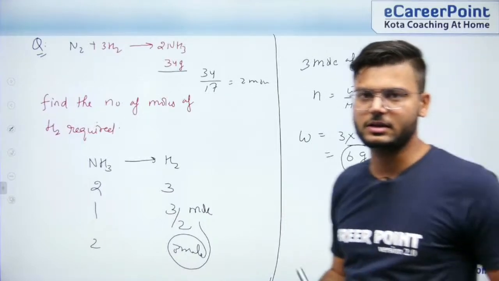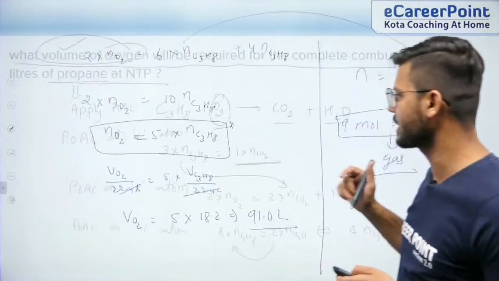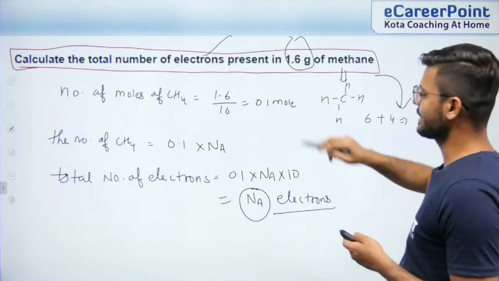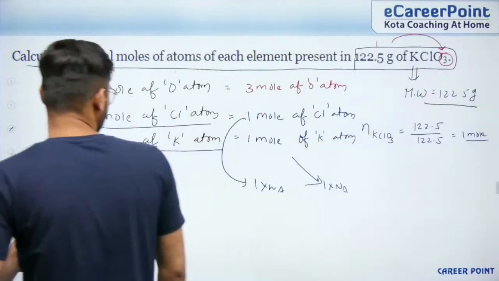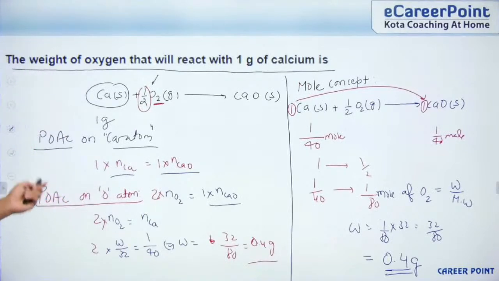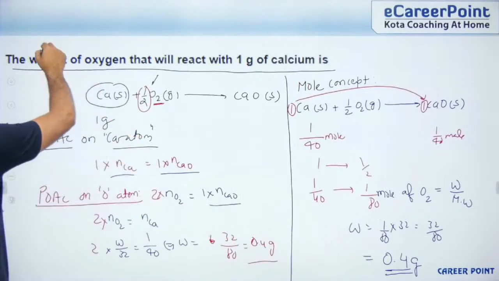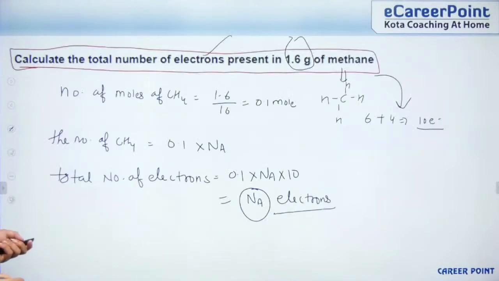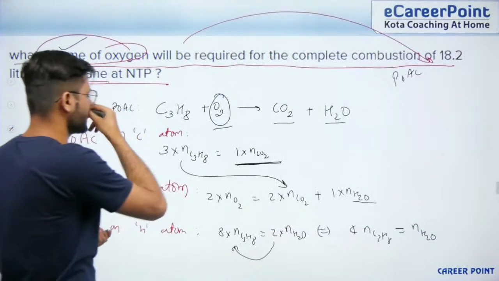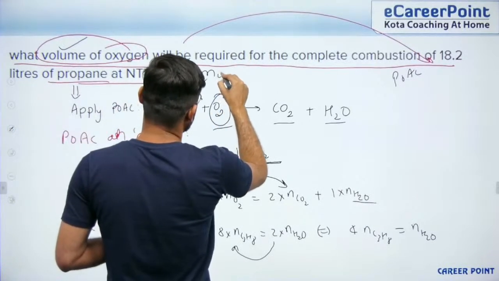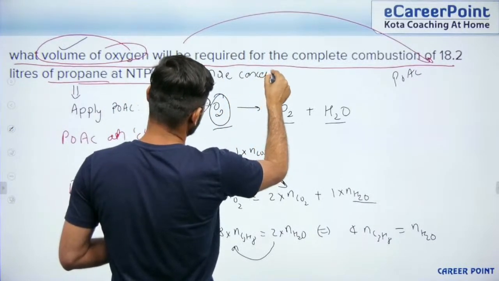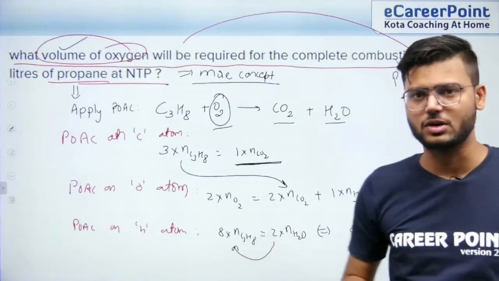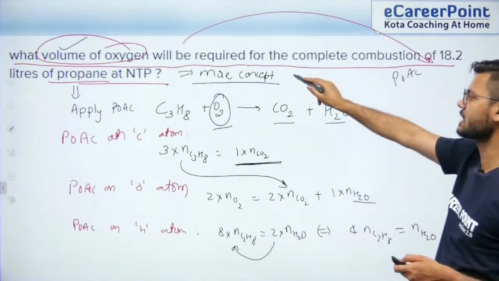We have discussed a very good question from POAC, principle of atom conservation. You can do it by both methods, and I would suggest all of you do this question with the mole concept. You need to balance the reaction, of course, and then try it with the mole concept. I would be happy if you try it.